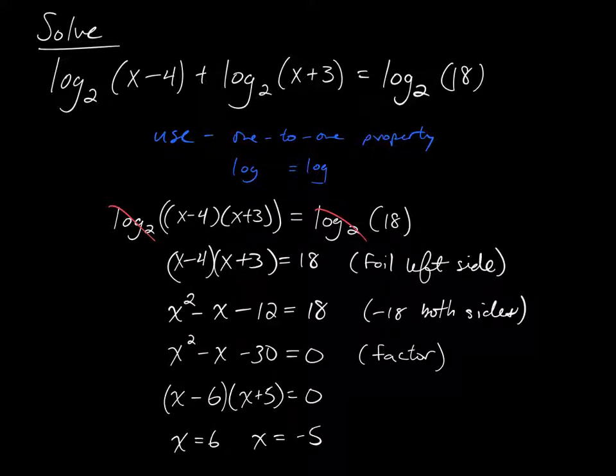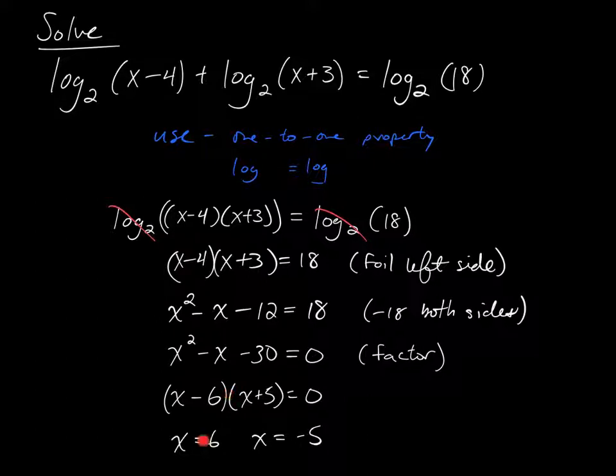As you must do when solving all log equations, you must check your answers. Here I have x equals 6. If I go all the way back to the original equation and put 6 in for this x, then I'll have 6 minus 4, which is 2. That means this argument becomes 2, a positive argument, so far this answer is checking out.